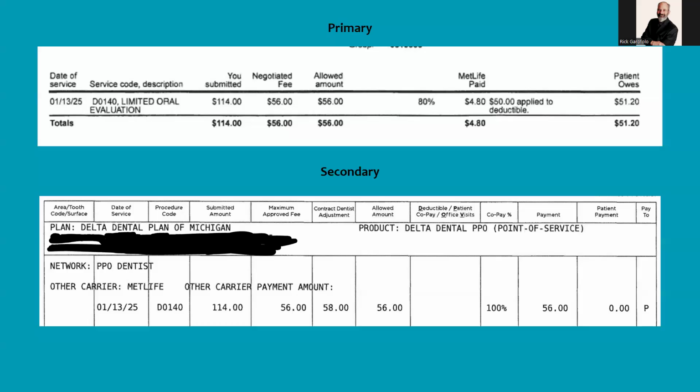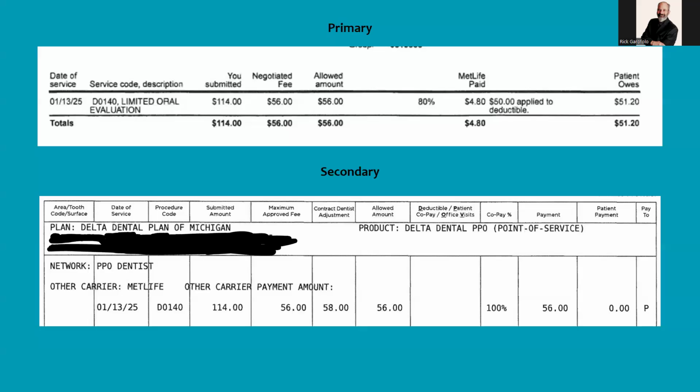I think there's still 3 or 4 Delta companies out there of the 38 Deltas that, if you ask them if the plan is self-funded, will tell you, "We're sorry, that's proprietary information and we can't tell you." Now you just have to wait and find out how the EOB process is in order to make that determination. So, very, very important for people to understand.